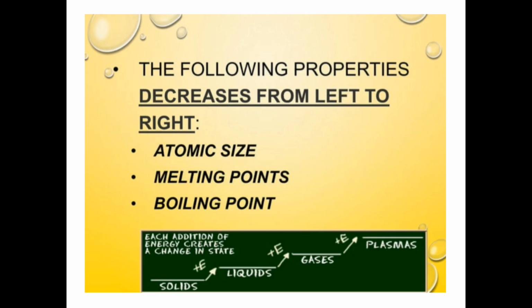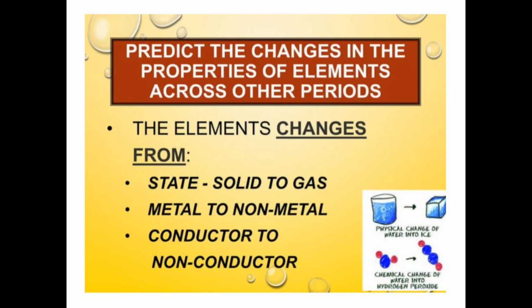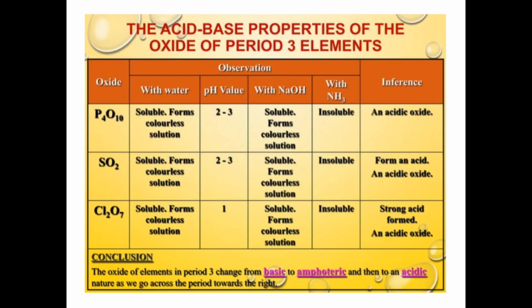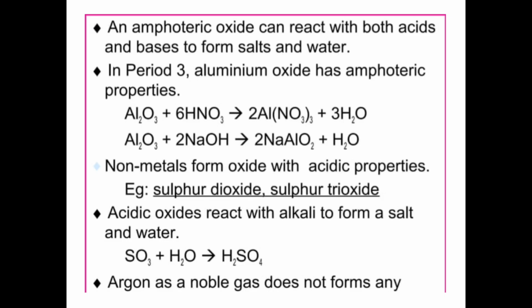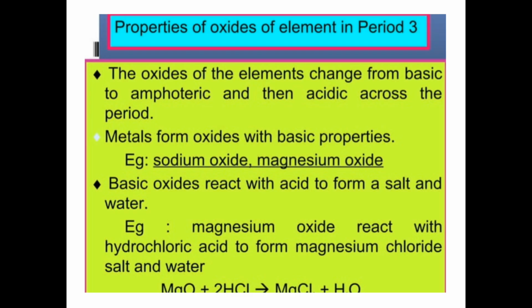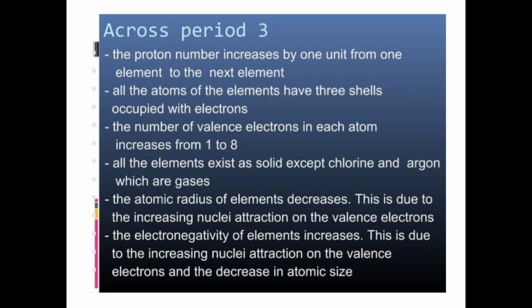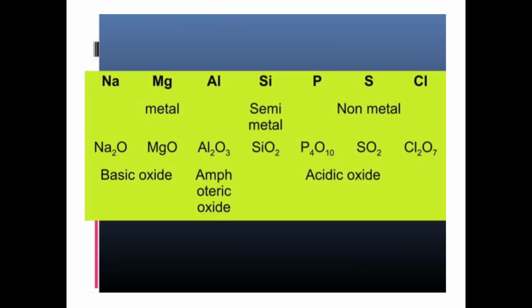We have looked at properties that decrease: atomic size, atomic radius, melting and boiling points. We have looked at some of their properties from solid to gas, metal to non-metal, and at the properties of the oxides that they form. We have looked at how they form metal, semi-metal, and non-metal.